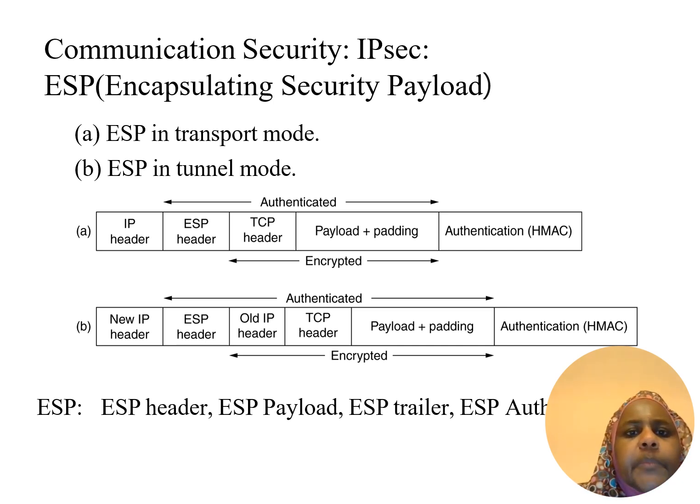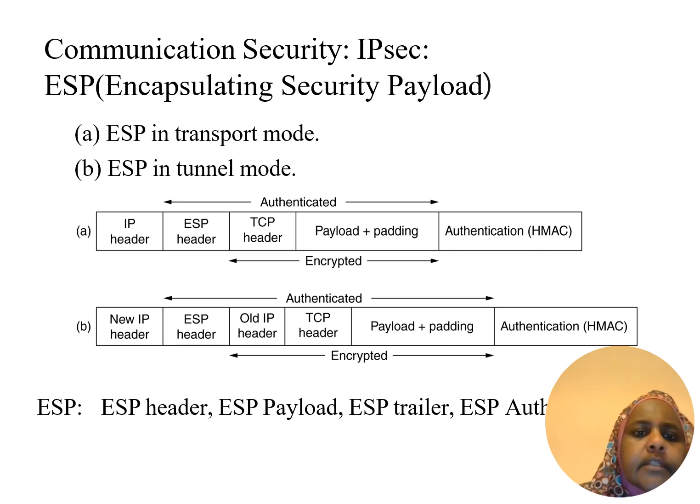While the ESP header, the encapsulation security payload header, works in both transport mode and tunnel mode. In transport mode, it's inserted directly after the IP header, before the TCP header, and the ESP header, the TCP header, the payload and padding are all authenticated, while the TCP header and the payload are encrypted.